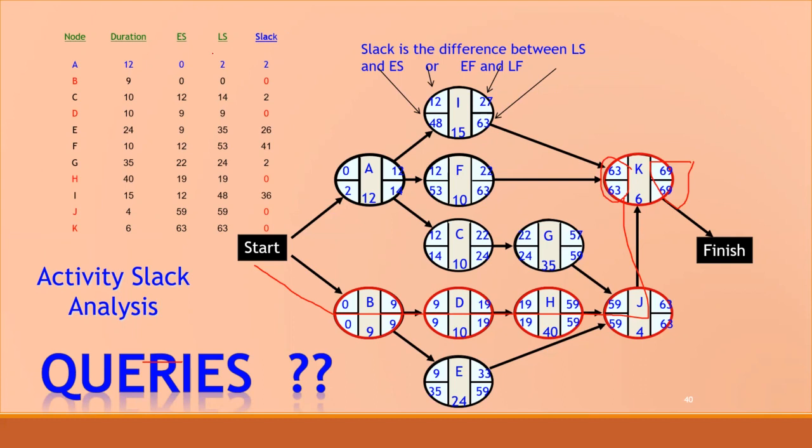So here we can tell that B slack value 0, D slack value 0, H slack value 0, J slack value 0, and K slack value 0. So these are all, that is B, D, H, J, K, the critical path. Okay, that's all.